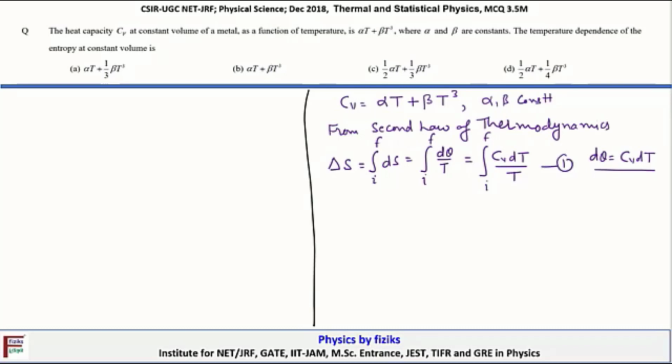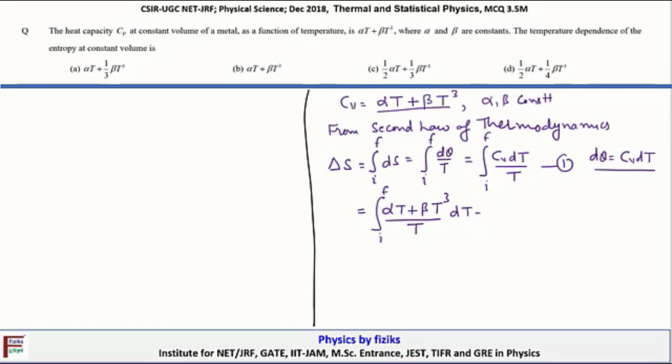Now we will make use of the given expression for the heat capacity at constant volume. So this is further equal to the integral of (alpha T plus beta T cube) divided by T, dT, from some initial state to final state. Because the temperature is changing, we can write the limits Ti to Tf, but that we will do at the end.